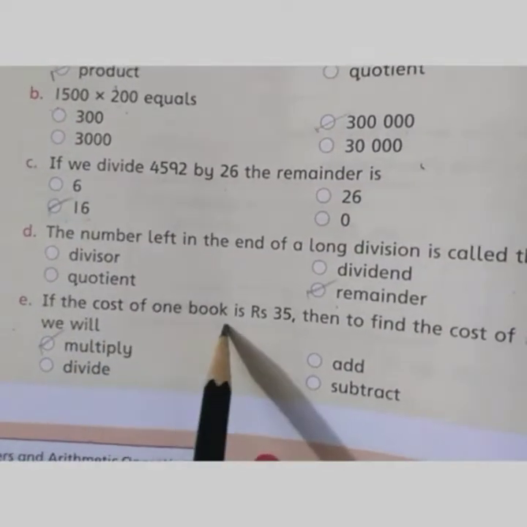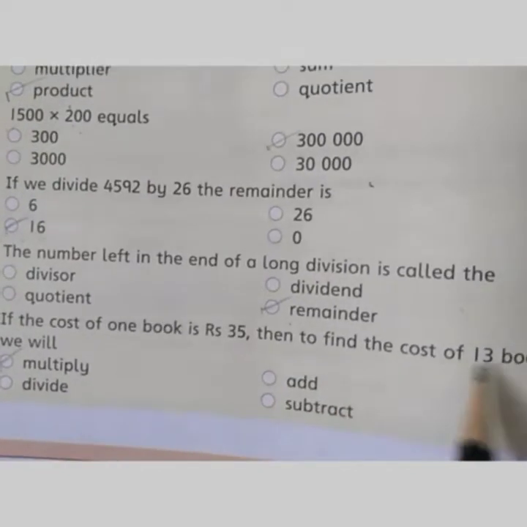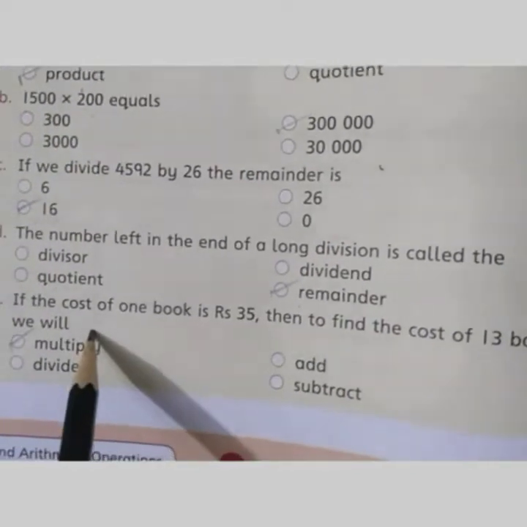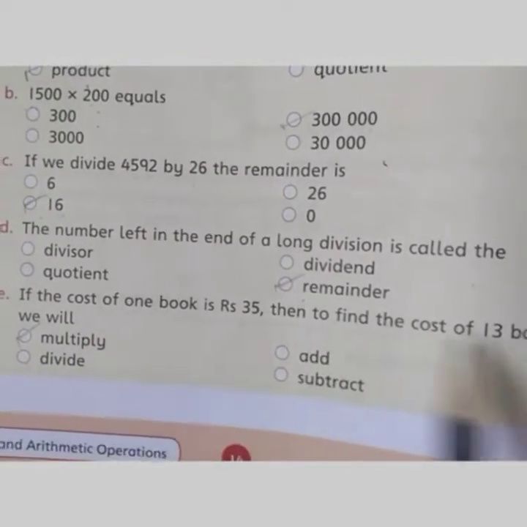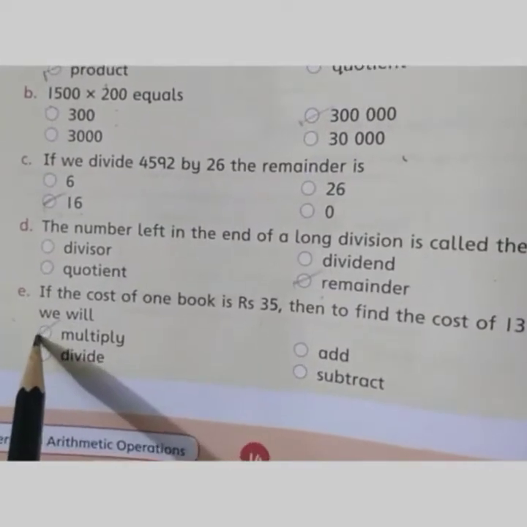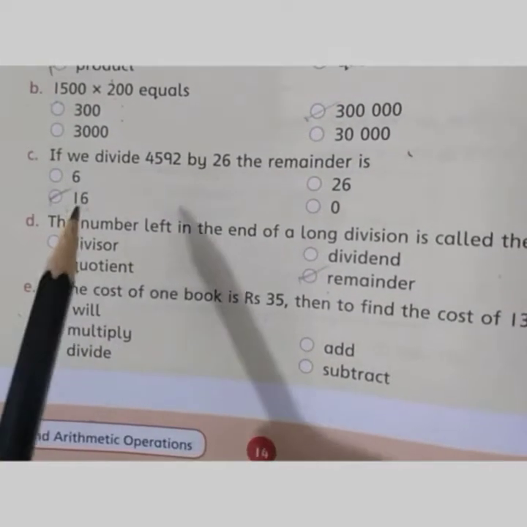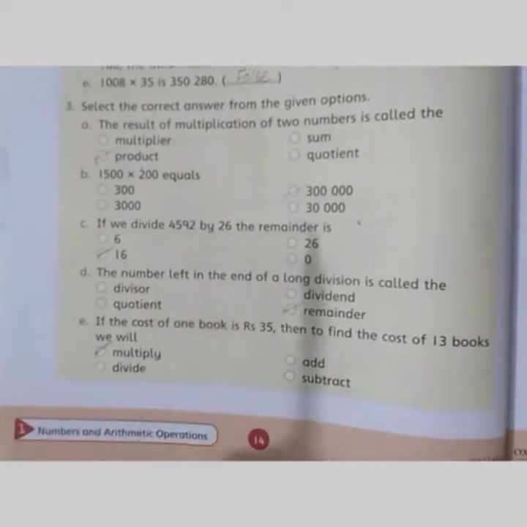If the cost of one book is 35, then to find the cost of 13 books, what do we have to do? We have to multiply 35 by 13. Complete exercises 1, 2 and 3 of page number 14 in your textbook.